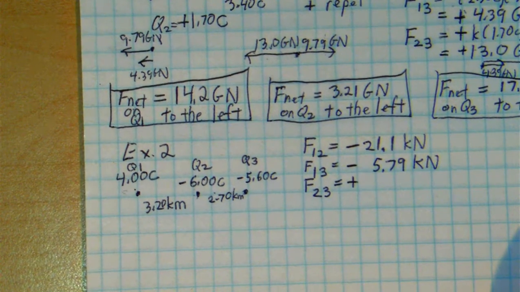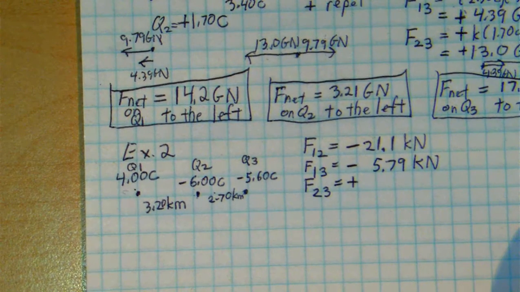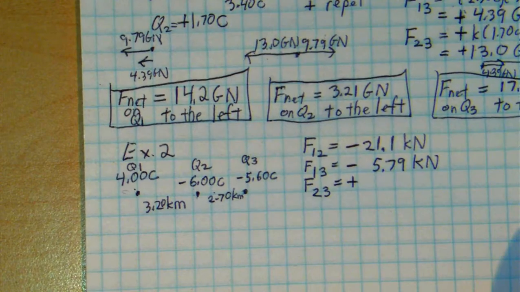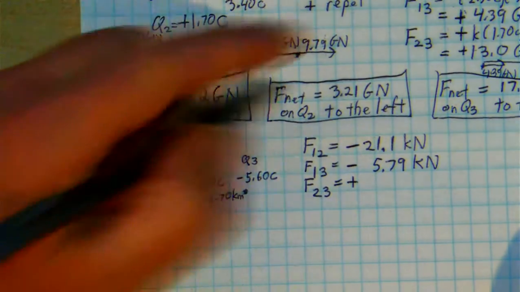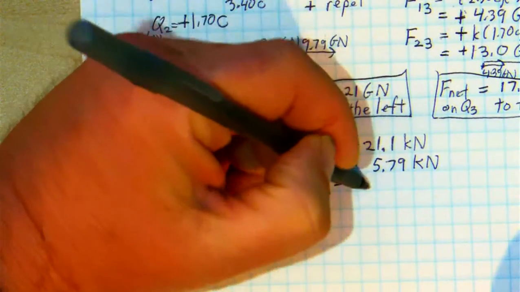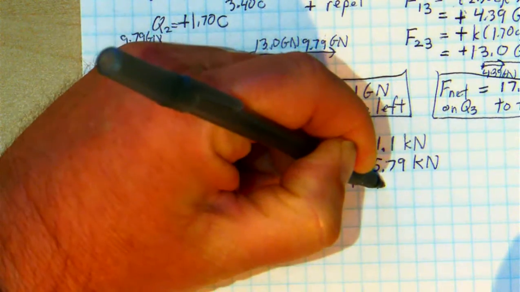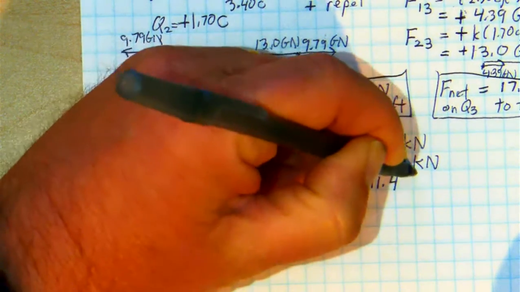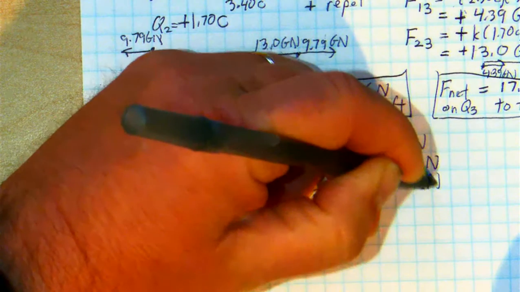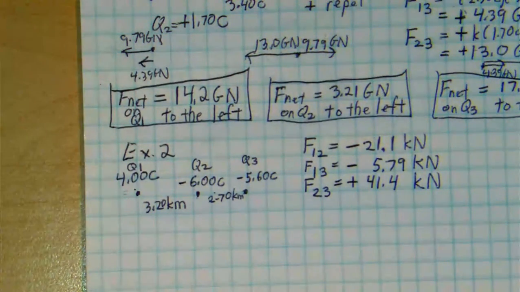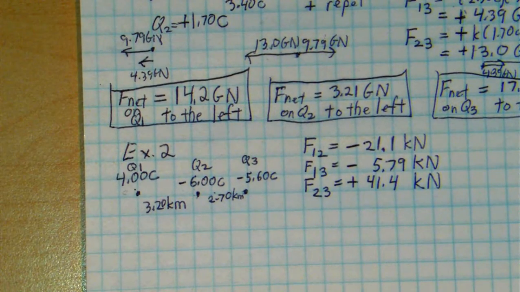And I go alpha K times 6 times 5.6 divided by 2,700 squared, enter, and I get 41.4 kilonewtons of repulsion between charge Q2 and charge Q3.